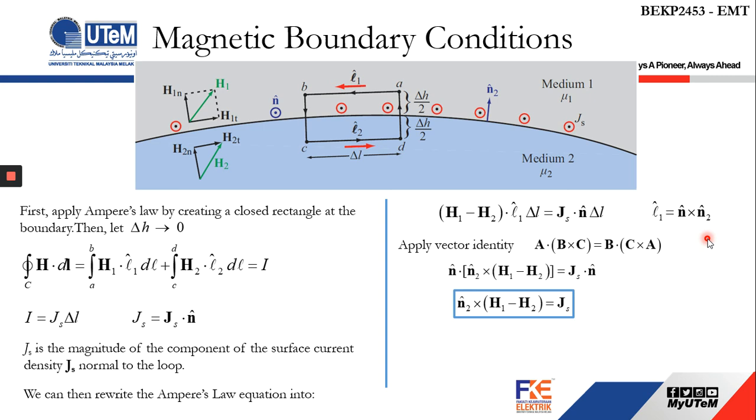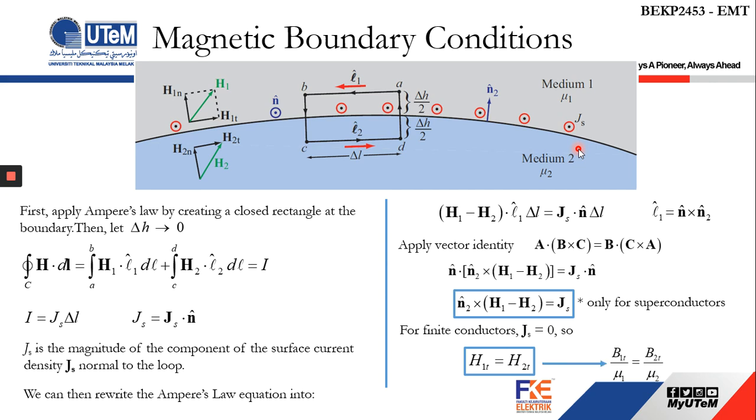Note that this equation can be applied only for superconductors, because surface current densities at the boundary only exist when it is a perfect conductor or superconductor. So for finite conductors, Js is equal to 0. So we can cancel the vectors and find that H1 tangent equals H2 tangent.